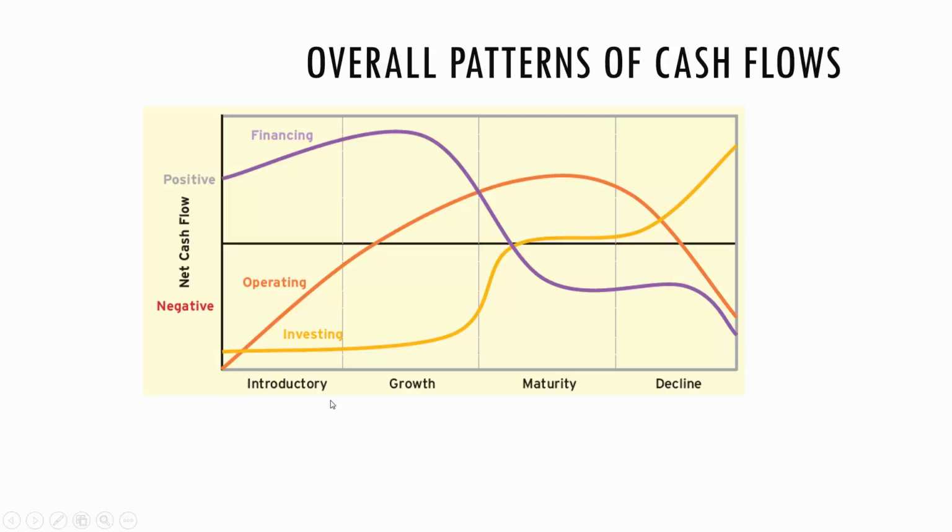And what you're going to see with that is they are trying to grow their company. So they're having to go out and get financing so that the company can grow. And their operations are just beginning to pick up, and so it's just starting to grow here. And investing can be a little higher than this, or it can be in this area.